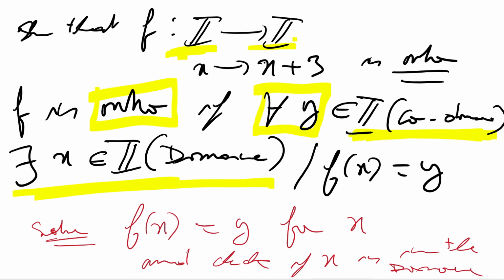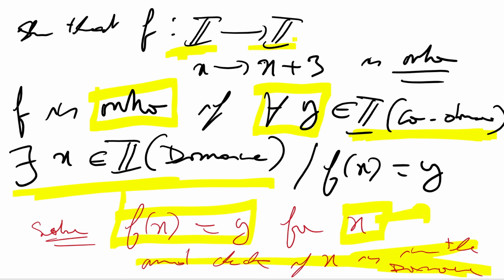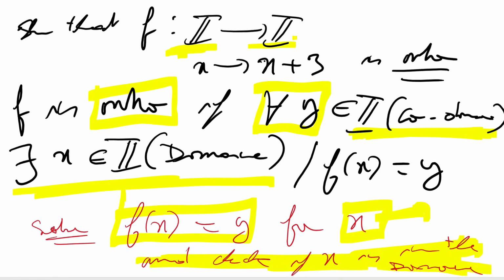If x is in the domain, then you can conclude that the function is onto. But if x is not in the domain, it's not going to be onto. In that case, you have to find a counterexample. To show that it's not onto, you find a counterexample, something that fails.